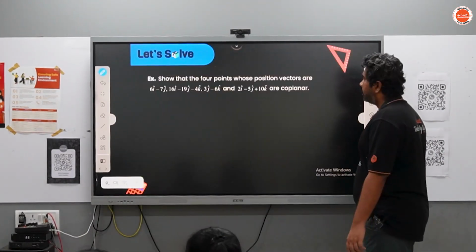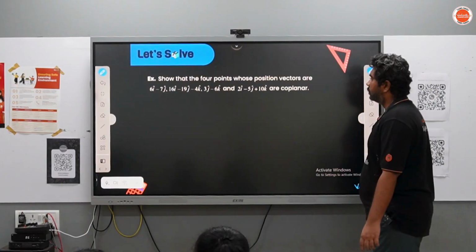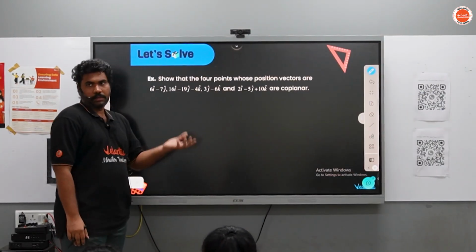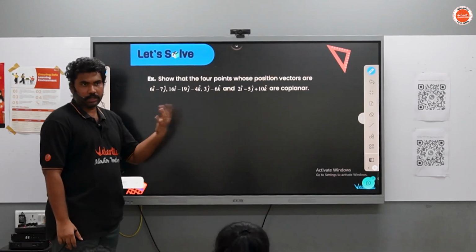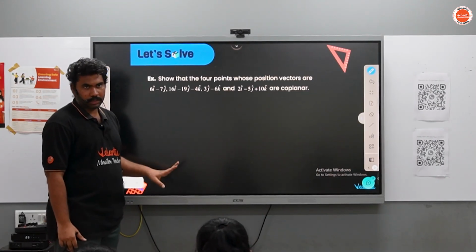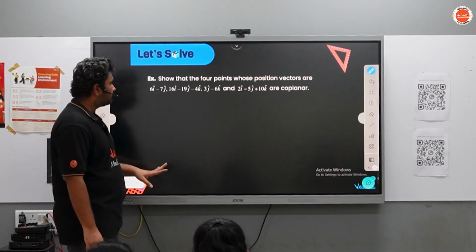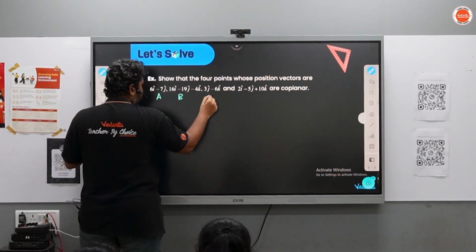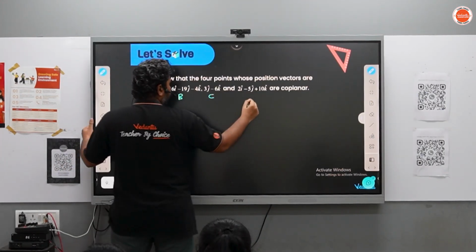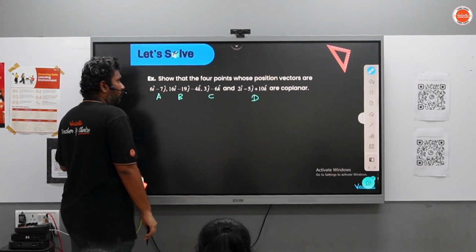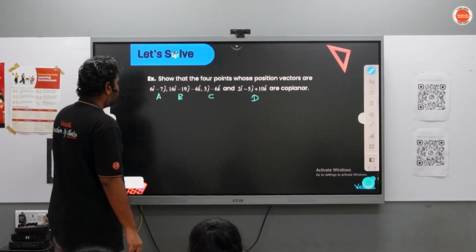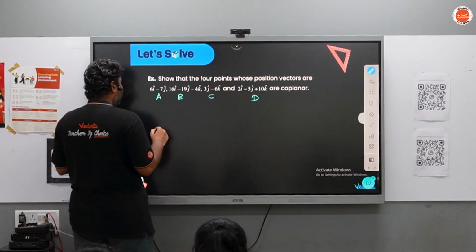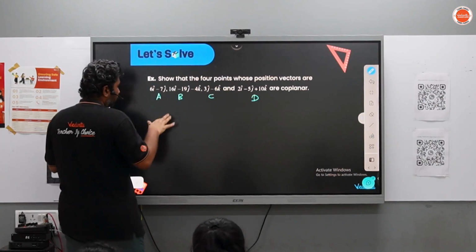Show that the 4 points whose position vectors are given are coplanar. Whenever they give you points, you make them into vectors. So 4 points are given, make 3 vectors and use the coplanarity condition. Given the position vectors, not just some random vectors, of 4 points, we need to form vectors using these position vectors.